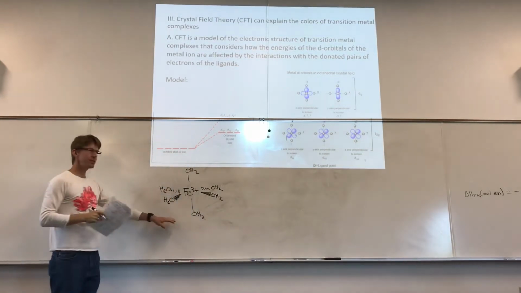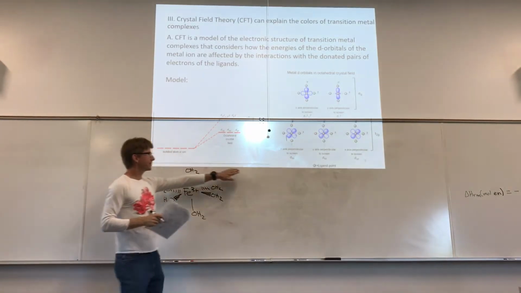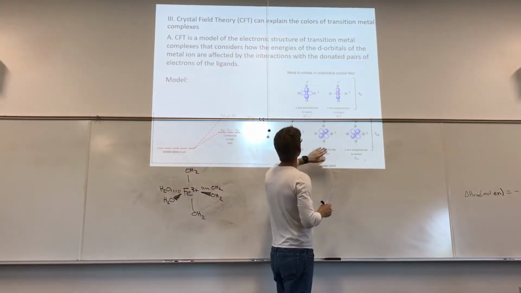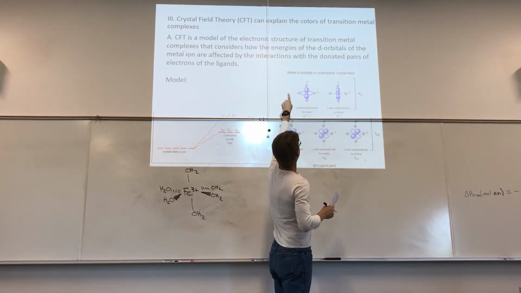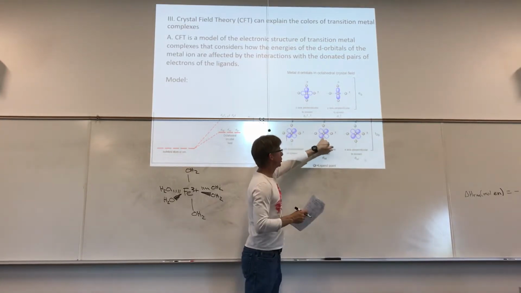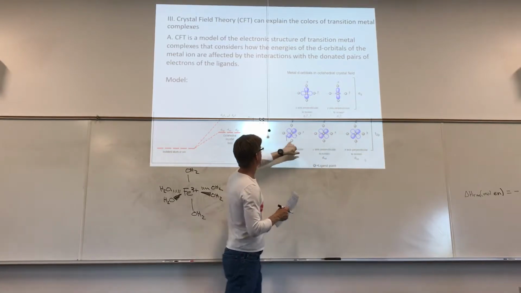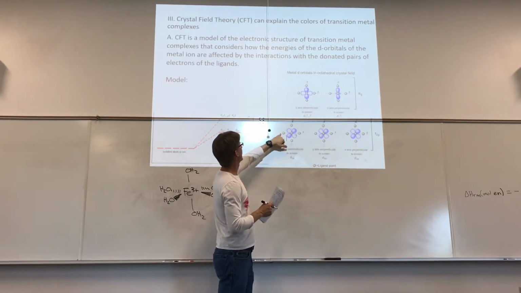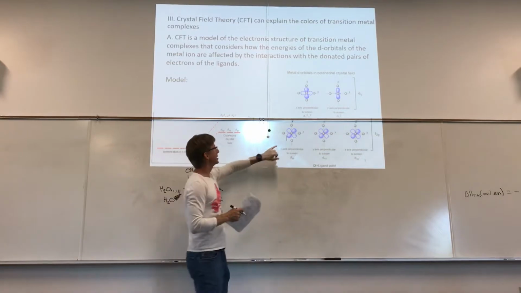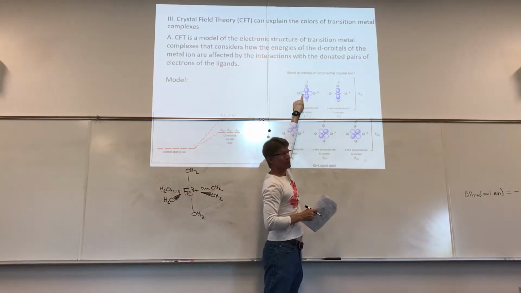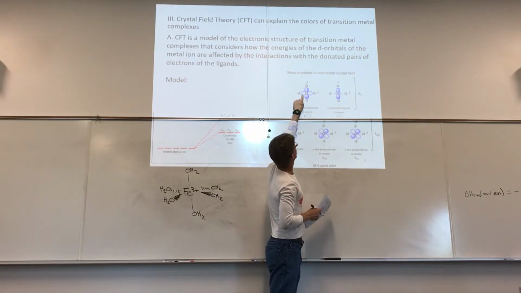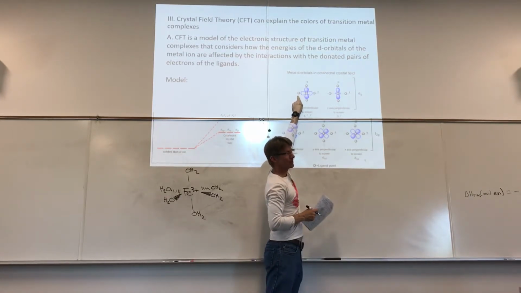There we go. So the metal, so these are the d orbitals, okay? And these are the ligand points surrounding them. And what's going to happen is, do you see these d orbitals? It's a rhetorical question, I'm sure. And then you see how close the ligands are?